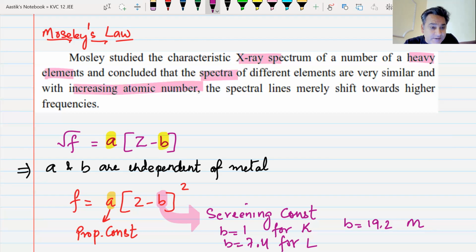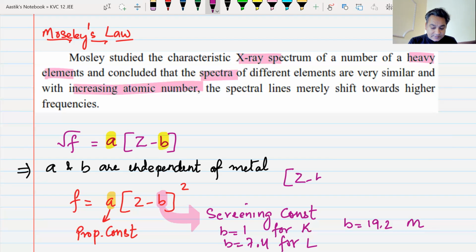Now this Z minus B is sometimes known as your effective atomic number. So you can also note that down.